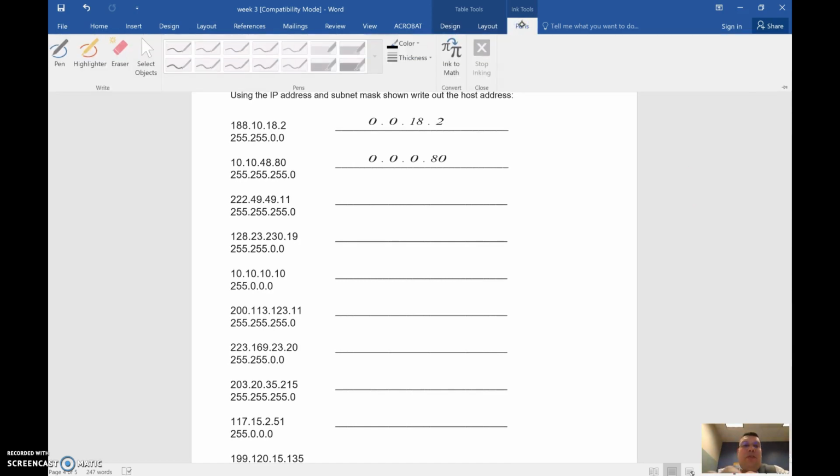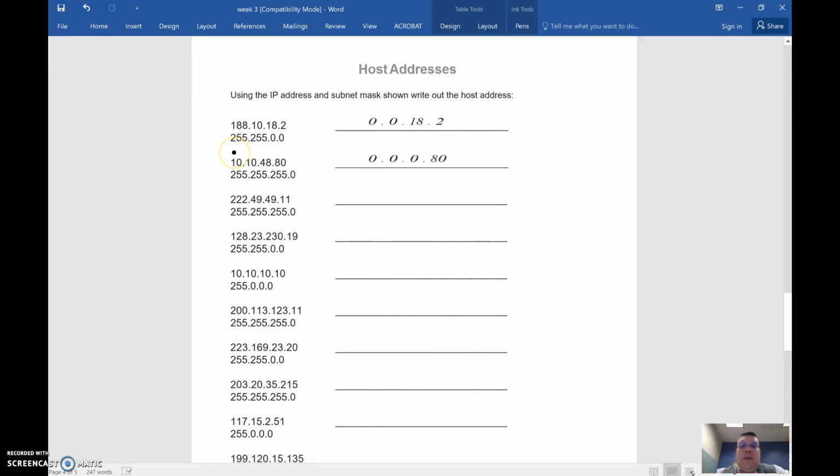On this exercise, we do host addresses, identifying the host portion. Once again, verify that the IP is A, B, or C, and then look at what they're trying to do with it. 222, we can verify that it's a C. 255.255.255.0, definitely verify that as a C, and say this belongs to the host only.